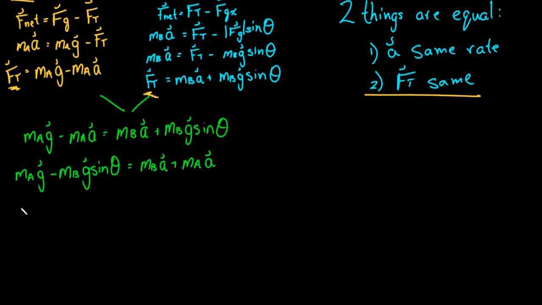Okay, so simplify one more. Okay, and you'll notice what you end up with on the right side of the equal sign is, if I factor out the acceleration, I just get those masses added together.